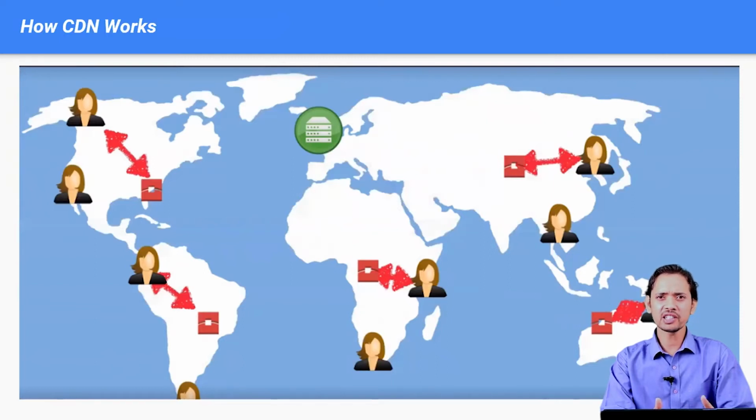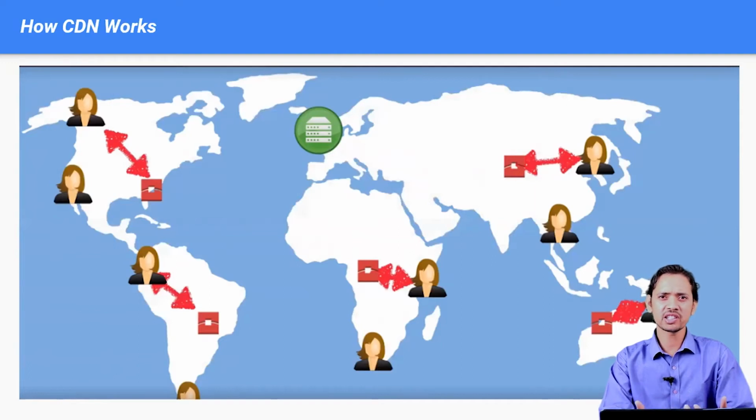If it doesn't find it, then it will request the origin server, where original copies of your content are kept, and then downloads it and puts it in the edge location or edge server. And then finally it creates the response and sends it back to the user. If the edge server already has the content, then it would be directly delivered from that edge server to the user and there won't be any need to go to the origin server.